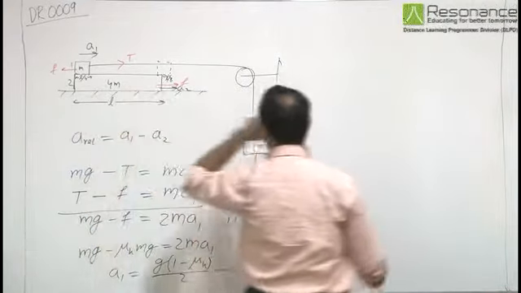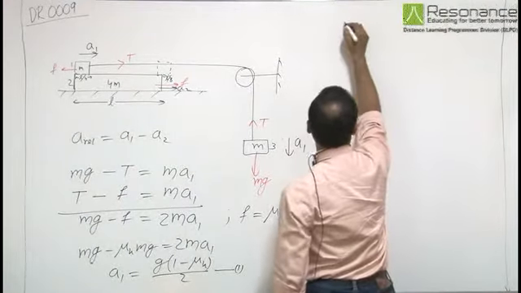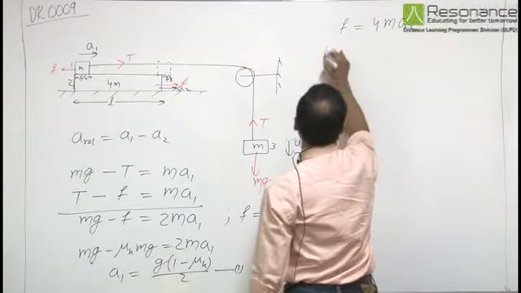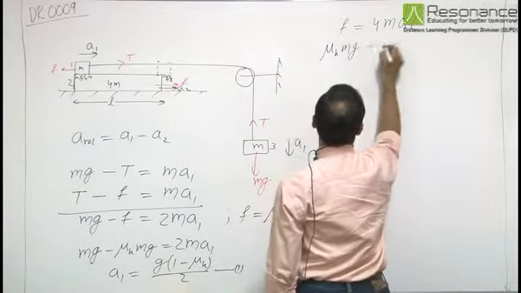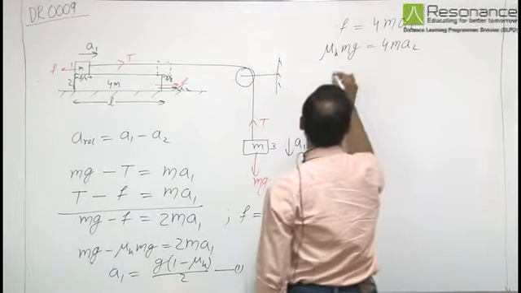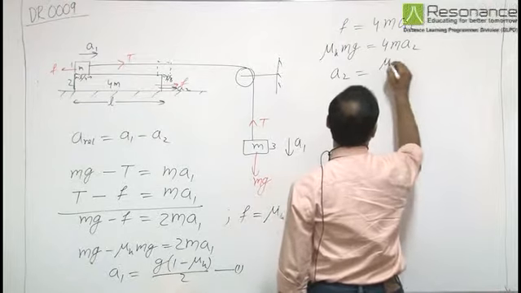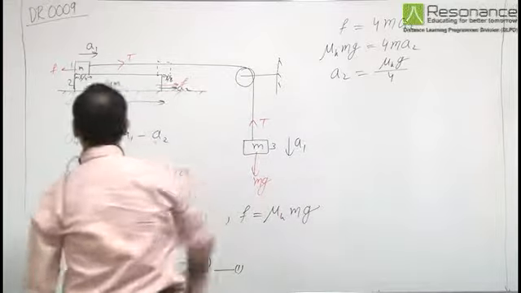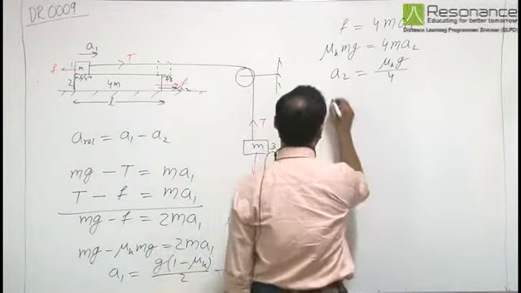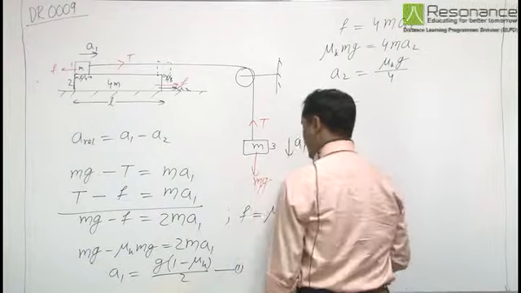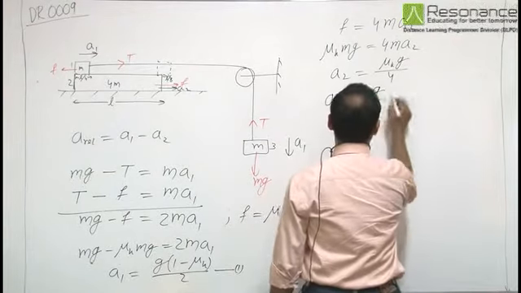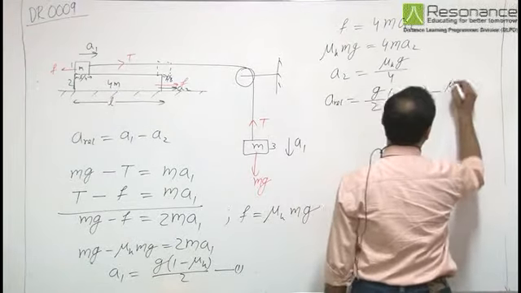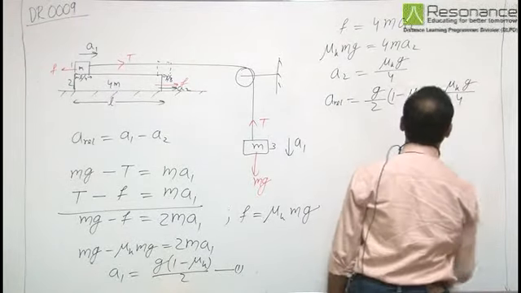Now for the acceleration of block 2, we can write f is equal to 4ma2, or mu k mg is equal to 4ma2, or a2 is equal to mu k g by 4. So the relative acceleration of block 1 with respect to 2, a relative, is equal to g by 2 into (1 minus mu k) minus mu k g by 4.